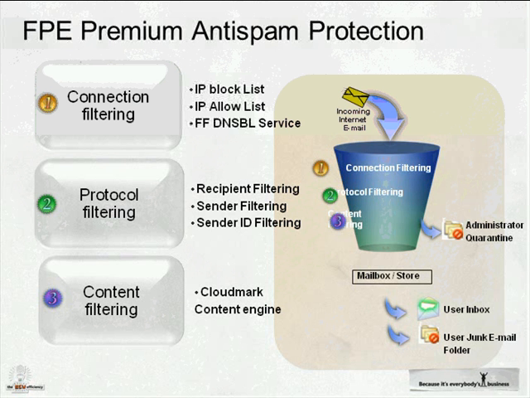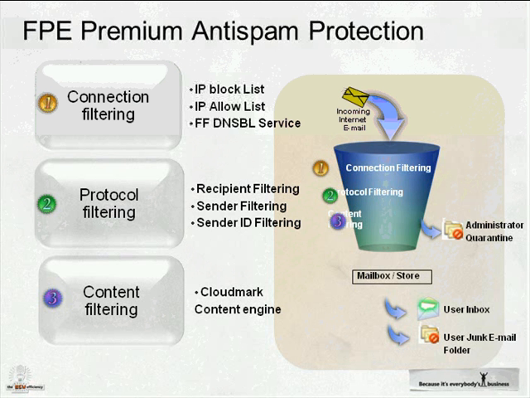Number one is the connection filtering. It has the IP block list with a specific list of IP entries to deny. It has an IP allow list with a specific list of IP entries to allow. Microsoft DNS-DL, Forefront Online Protection for Exchange Service, aggregated DNS data from a number of providers such as Hotmail, Spamhaus, and Forefront Online.